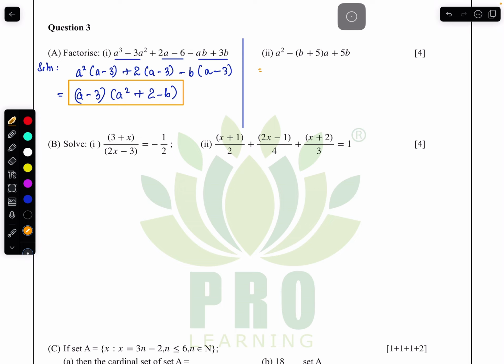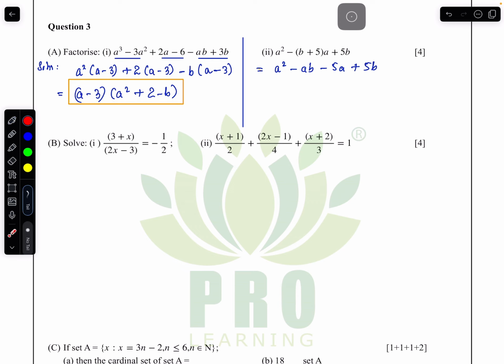So we have a square minus ab minus 5 times a plus 5b. First, let us evaluate. From here, if we pull a out, we'll be left with a minus b. From here, if we pull minus 5 out, we'll be left with a minus b. So our approach is right.